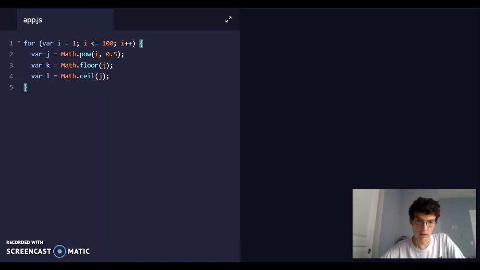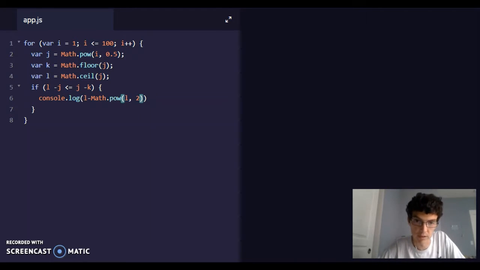Okay. And now we're going to say that if L minus j is less than or equal to j minus k, which is essentially what I have written for the algorithm, I should add this here. Then we want to return L minus L squared minus i, should probably be spread out.